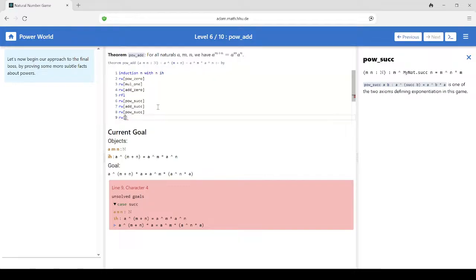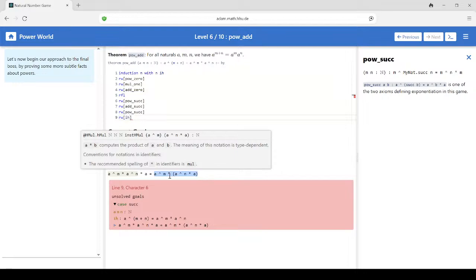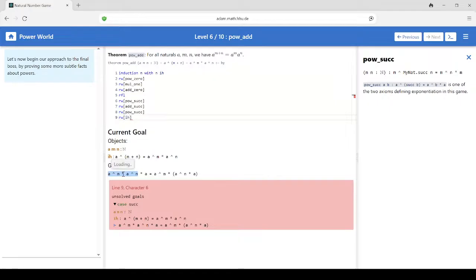I can now use my induction hypothesis, and now we have a to the power of m times a to the power of n times a, with some parentheses. We don't want parentheses.